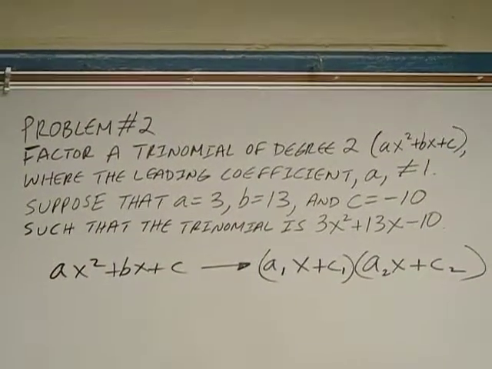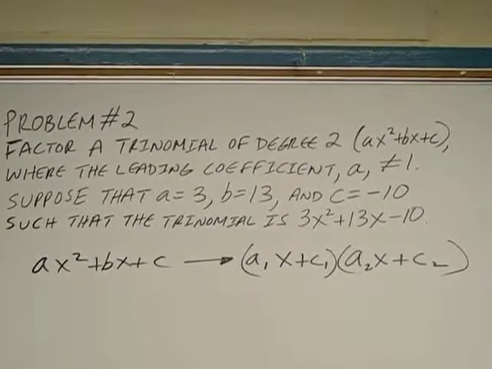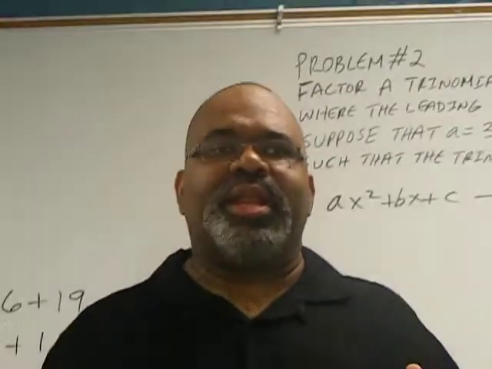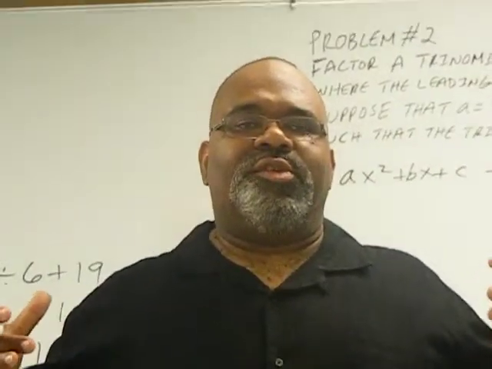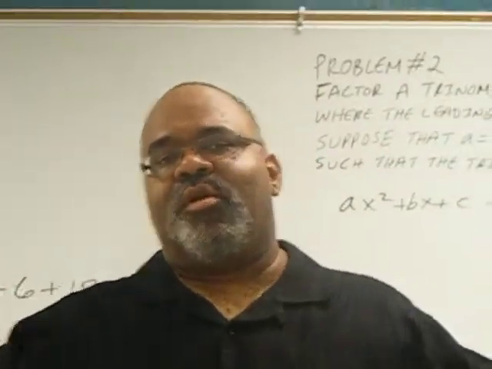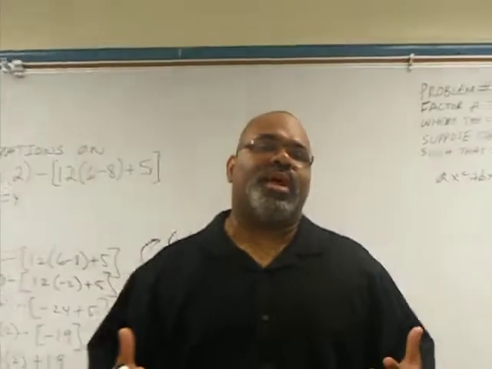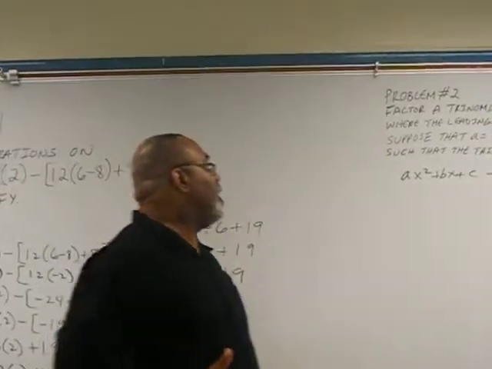So what that really means is that we're going to use what we call a FOIL method. The FOIL method would be really the way to check to see whether or not the decomposed structure for the trinomial that became the binomials multiplied together can be remultiplied together to give you back the original trinomial.